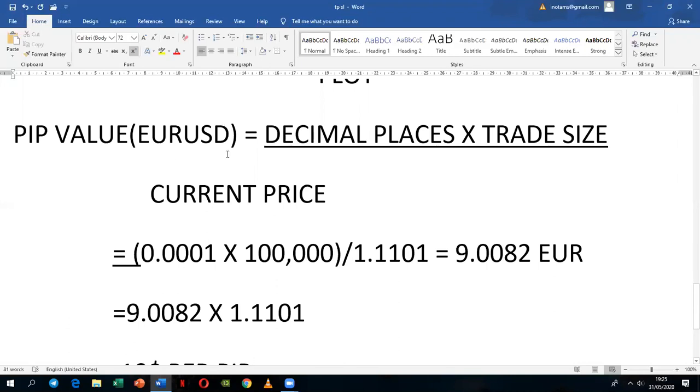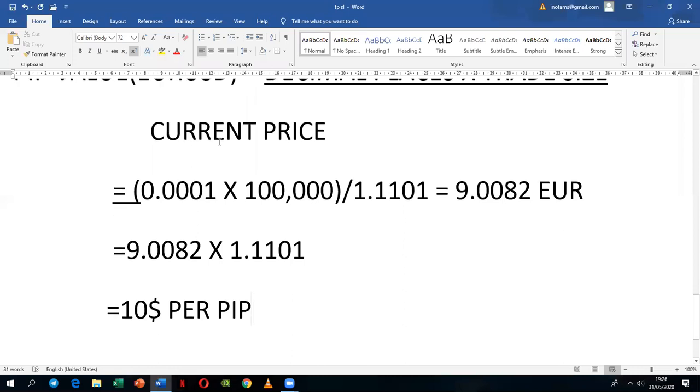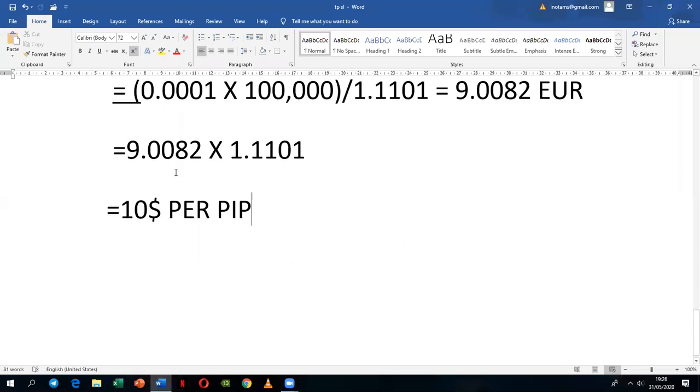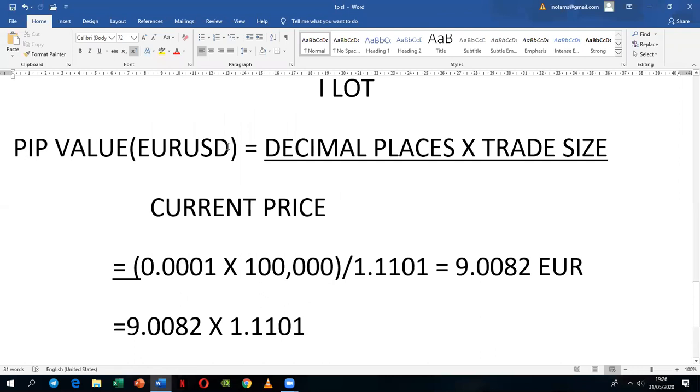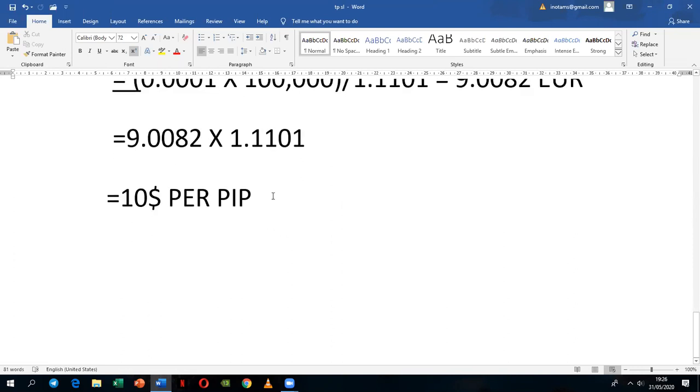So every pip in the currency Euro USD costs about $10. This is a heavy pair, by the way, because the euro is a big major currency, same as the USD. So its pip value is high.